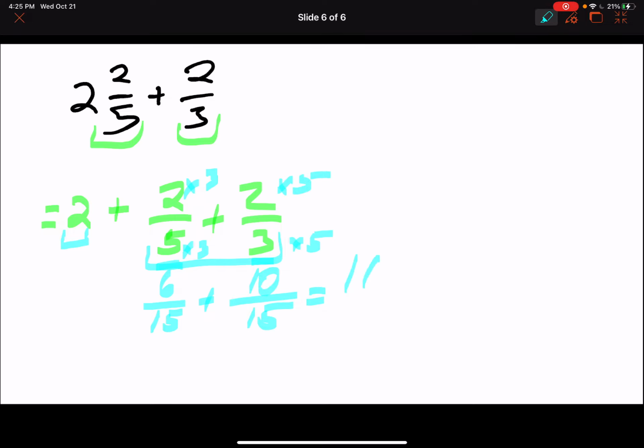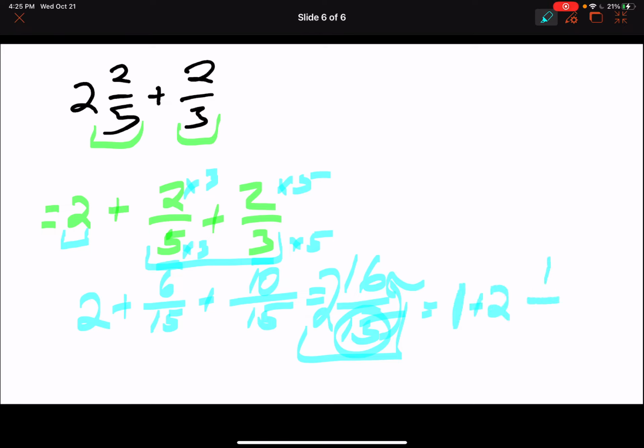And so now I have 16/15ths. I still have to add the 2 in, and we'll go there. Now, this is not the lowest form that I can put the fraction into. So what I'm going to do is I divide 15 into the top. I get a 1, so the 1 plus the 2, right? And that's 1/15. So the answer there is going to be 3 and 1/15.